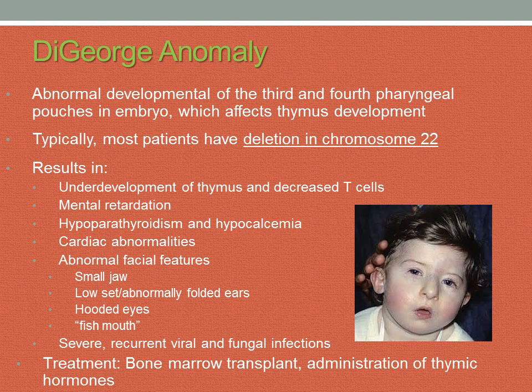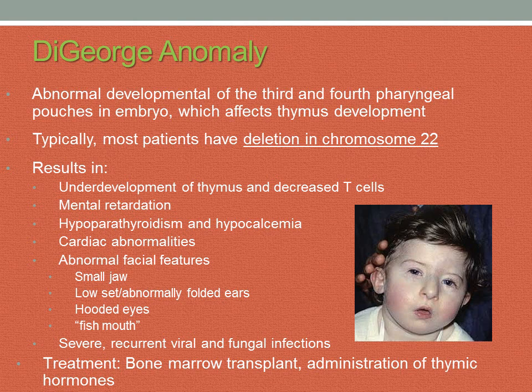DiGeorge anomaly is abnormal development in the third and fourth pharyngeal pouch in the embryo, and this affects the development of the thymus. Like most of these, there are a number of different specific chromosomal defects, but in most of the kids with this, they have a deletion in chromosome 22.